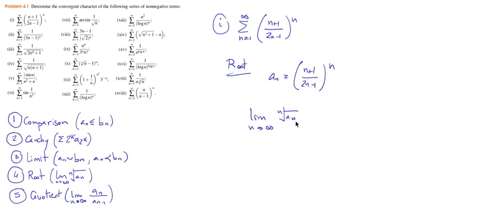So in this case, the limit of the nth root of a sub n is the limit when n goes to infinity of n plus 1 over 2n minus 1. And you have been doing a lot of exercises in unit 3 on sequences, so by now you should see that this limit is 1/2. 1/2 is smaller than 1, so this means that this original series converges.